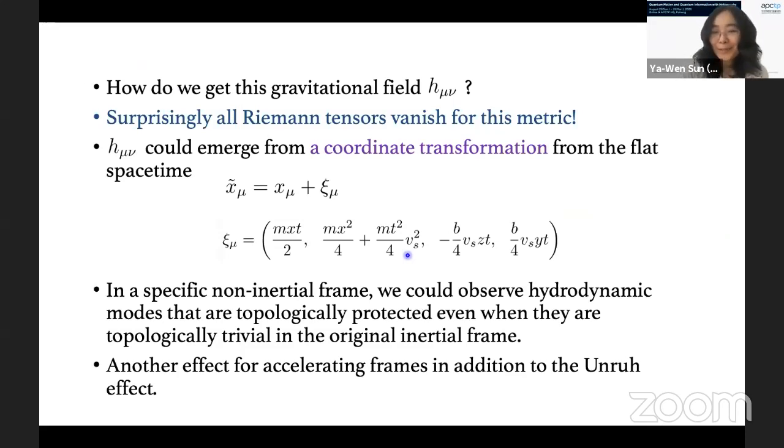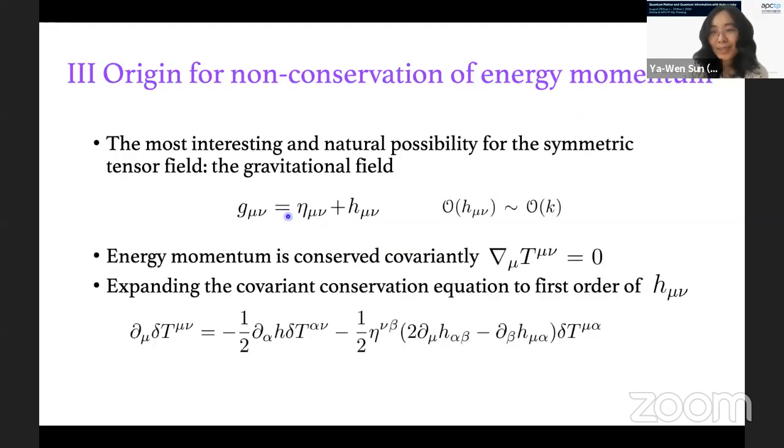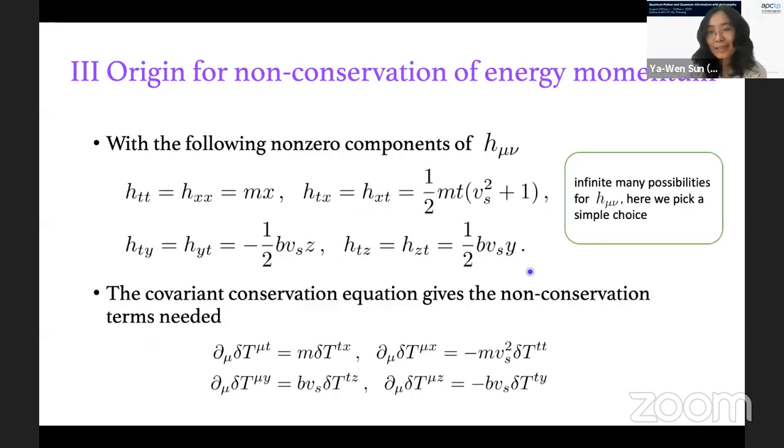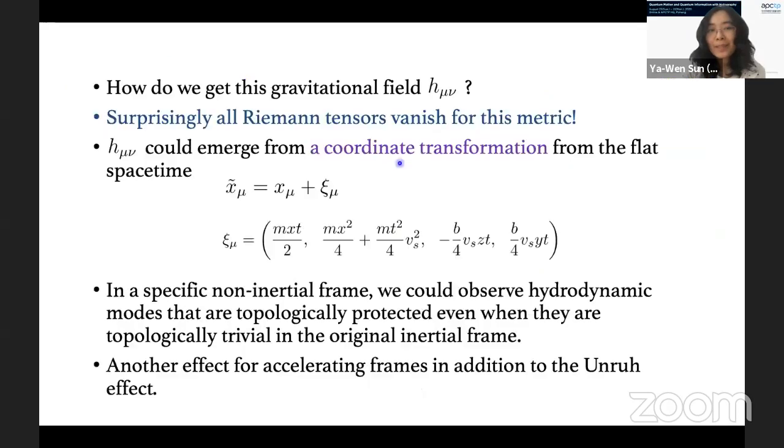Surprisingly, for this g mu nu equals eta mu nu plus h mu nu, where h mu nu is like this, all Riemann tensors vanish. So this means the spacetime is in fact a flat spacetime. This h mu nu only arises because we have a coordinate transformation from the flat spacetime to a non-trivial one.